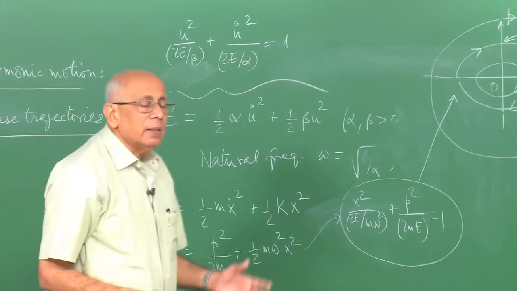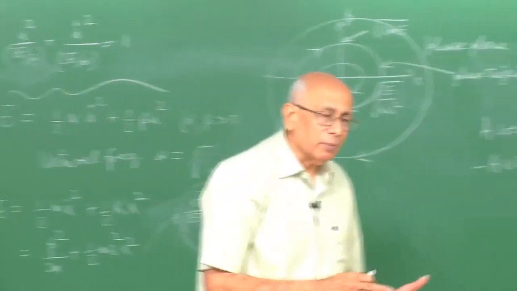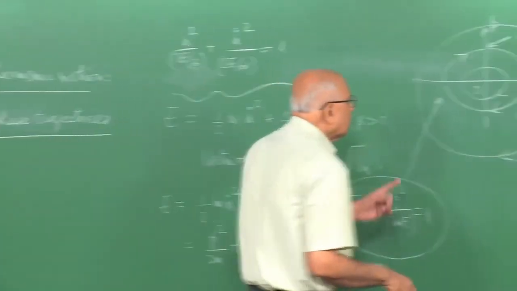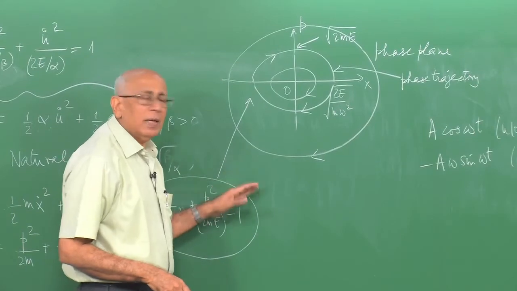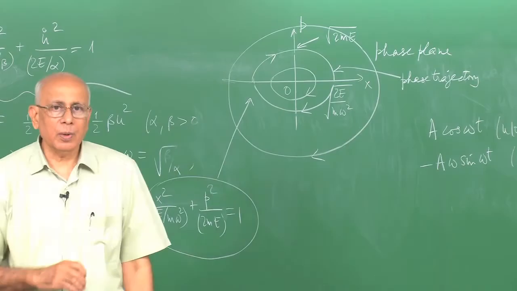So the phase plane is a beautiful way of eliminating time from the description of the behavior of the dynamical variables, and understanding the motion in terms of a trajectory in the space of a variable and its velocity or corresponding momentum.